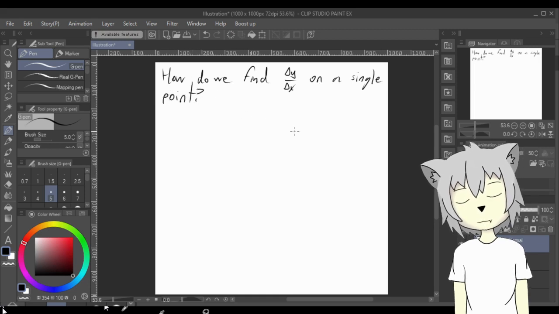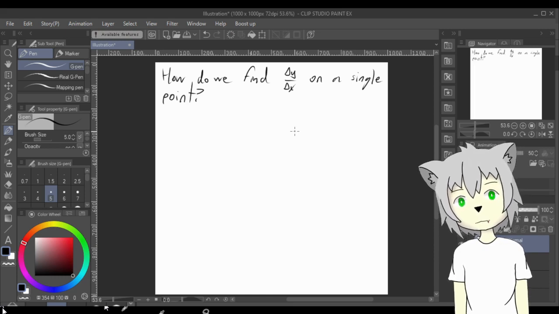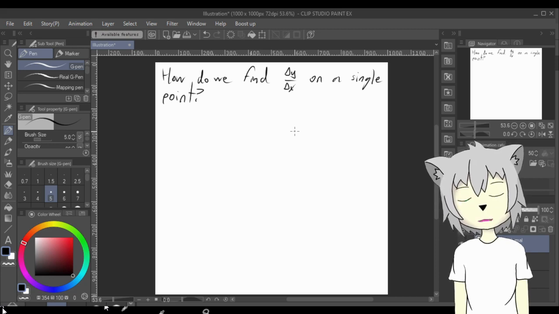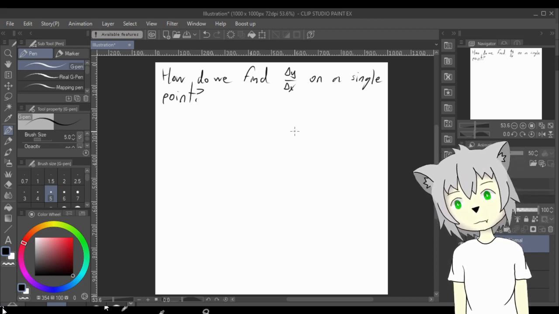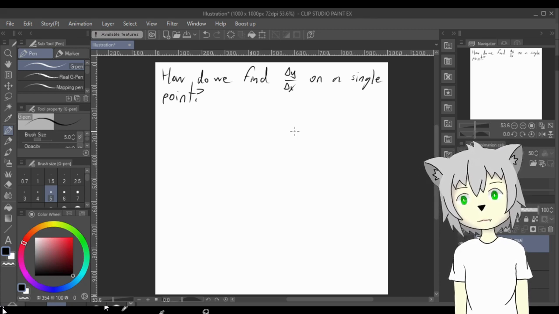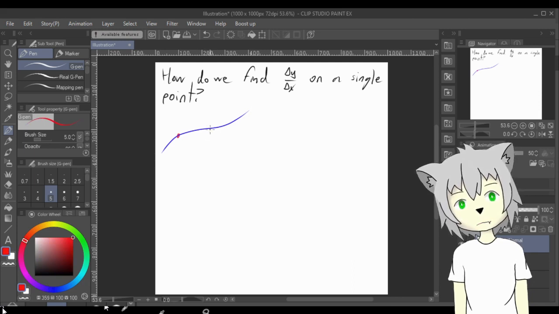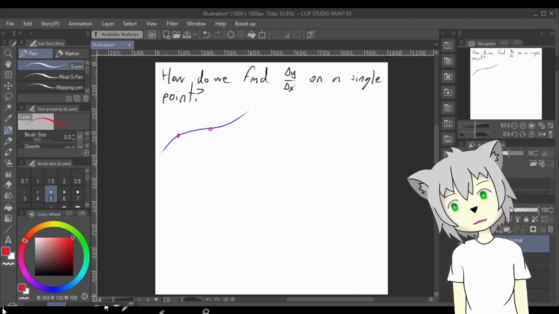Because if you try to find the change of a single point from another point, but that's, you know, I'm great at explaining things, you guys can probably tell, but suppose we have a point, and we're trying to find the slope between 2 points, right?